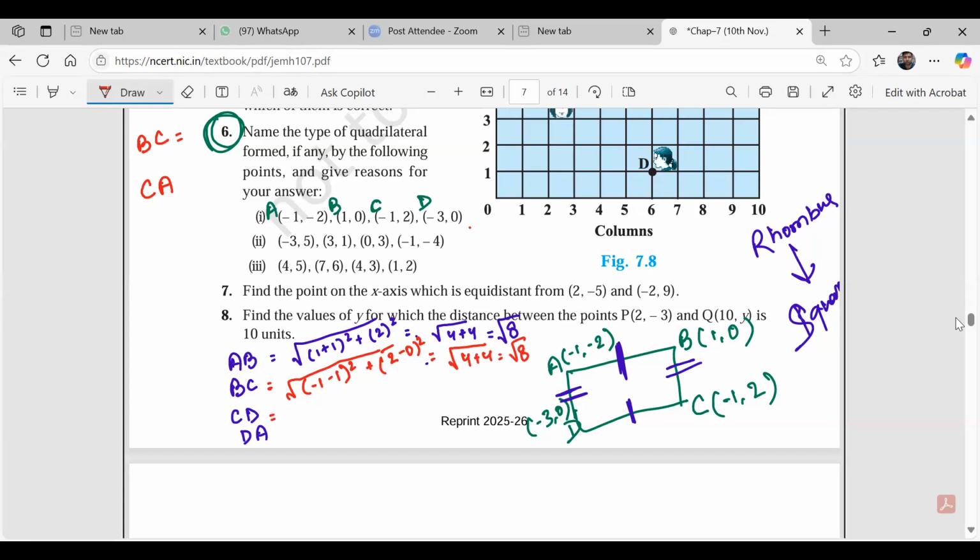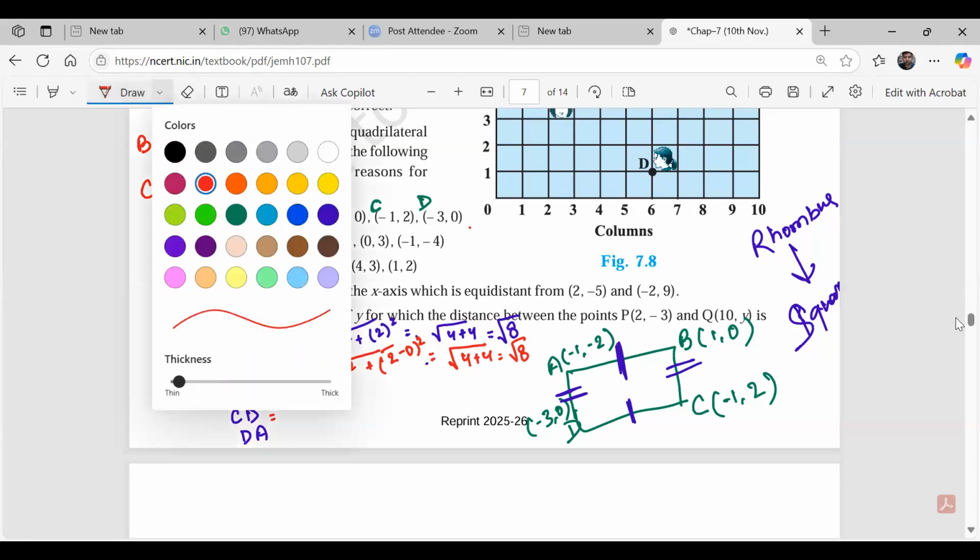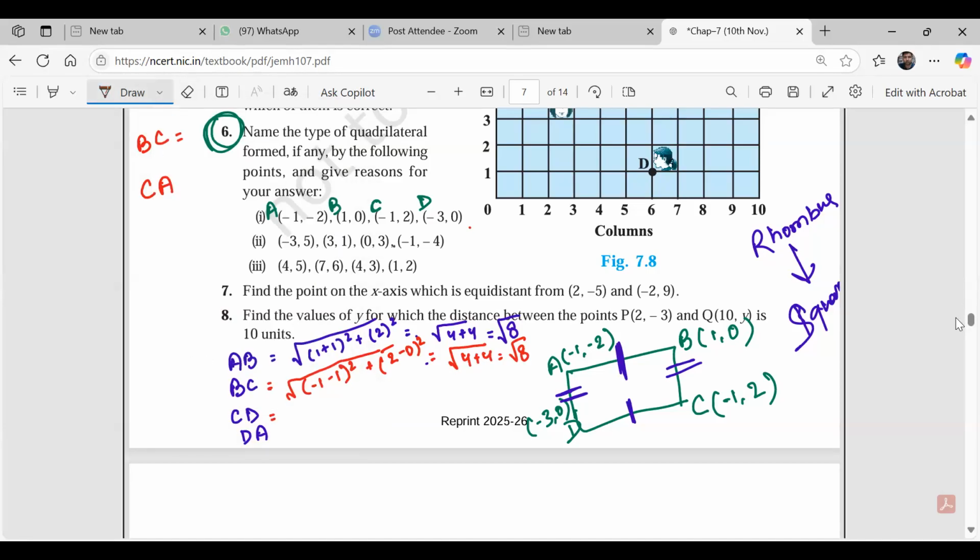So CD again, x2 minus x1 whole square plus y2 minus y1 whole square. So CD under root (x2 minus x1), so minus 3 minus of minus 1, that is plus 1 whole square, plus... if you are getting confused every time, please write it.